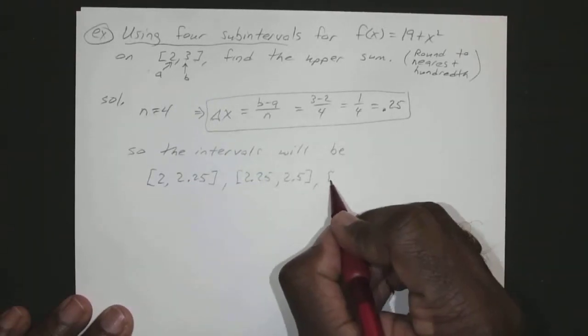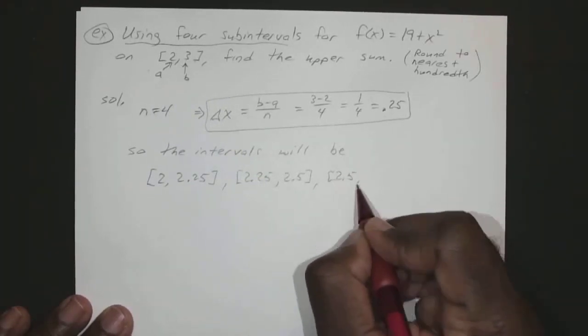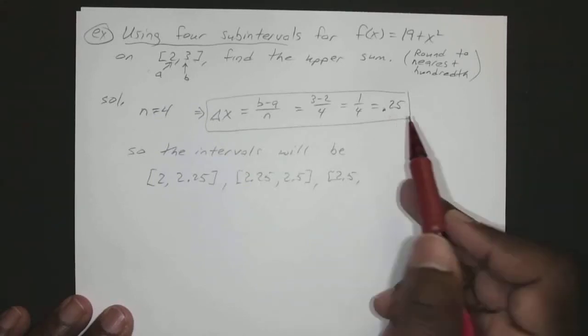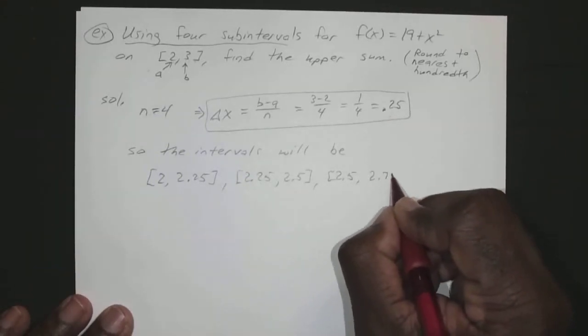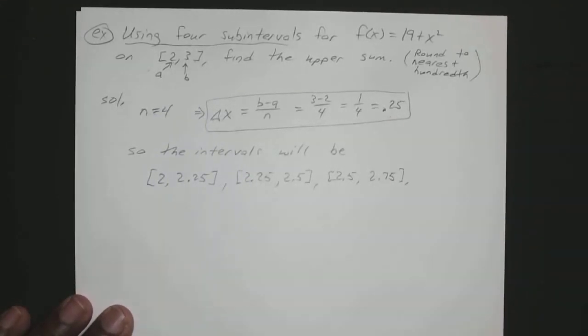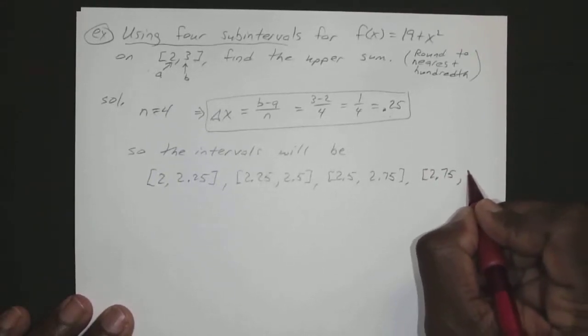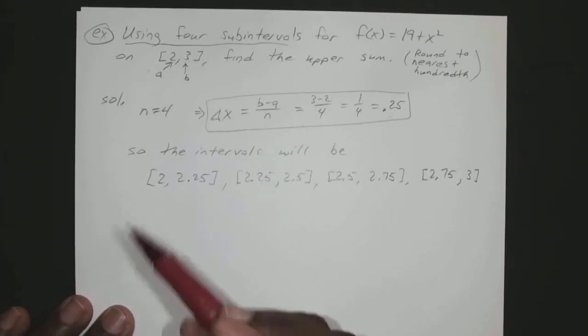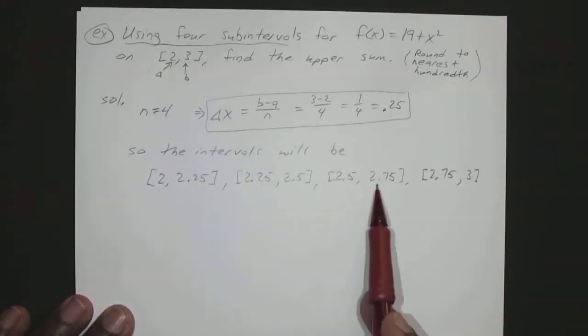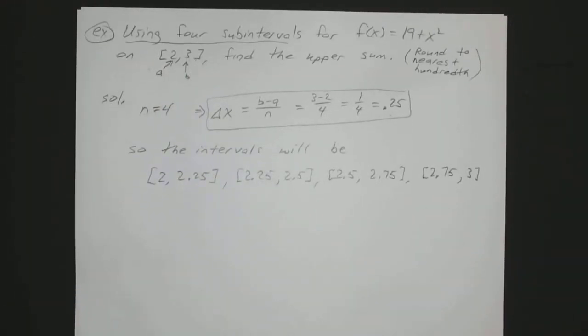Now we start at 2.5, and go up 0.25 to 2.75. And then we go from 2.75 to 3. So instead of just going from 2 to 3, we broke it down into 4 smaller intervals. Does that make sense?